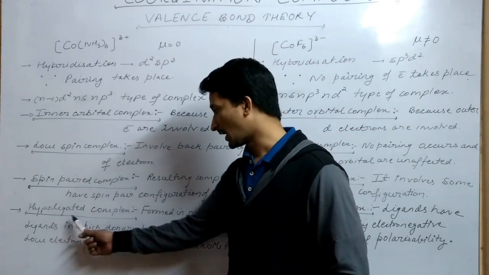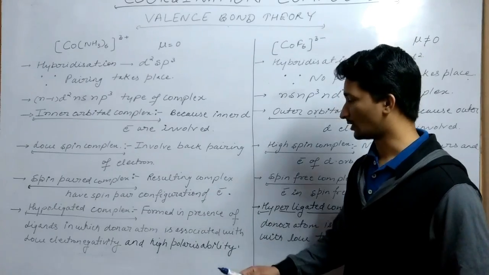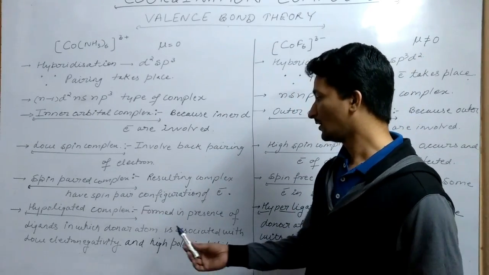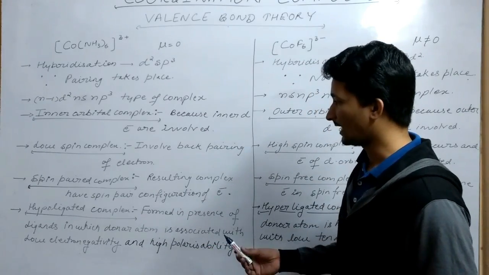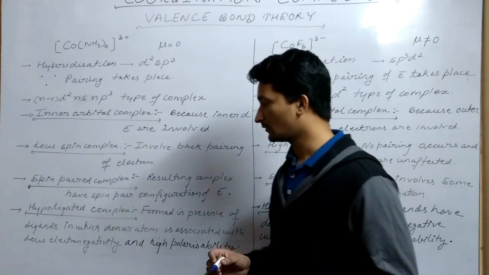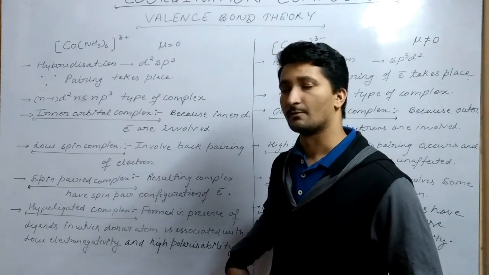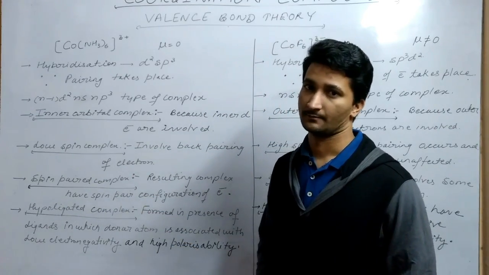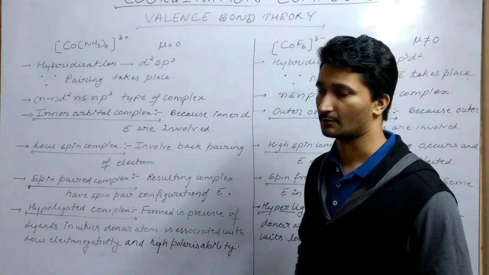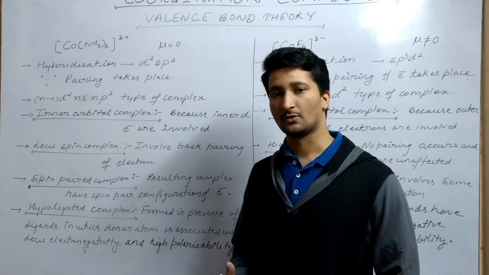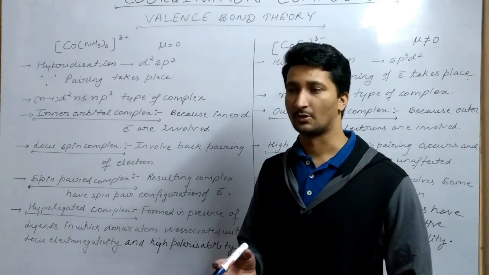They are also called hypoligated complexes because they are formed in the presence of ligands in which the donor is associated with low electronegativity and polarizability. Now we have to understand this term. They are called hypoligated complexes because the donor atom which comes to form the coordinate bond has low electronegativity and high polarizability.